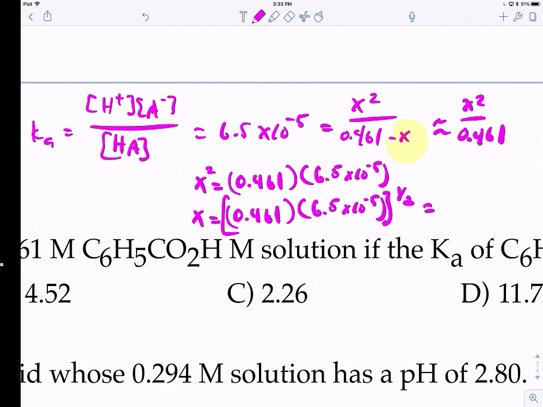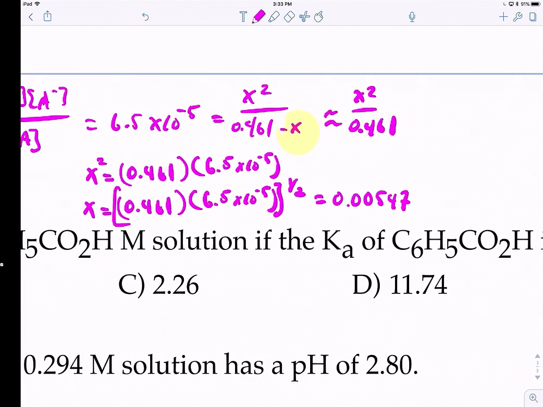So 0.461 times 6.5 E minus 5, square root, is 0.00547, which also equals the hydrogen ion. And pH is minus log hydrogen ion, which is 2.26.